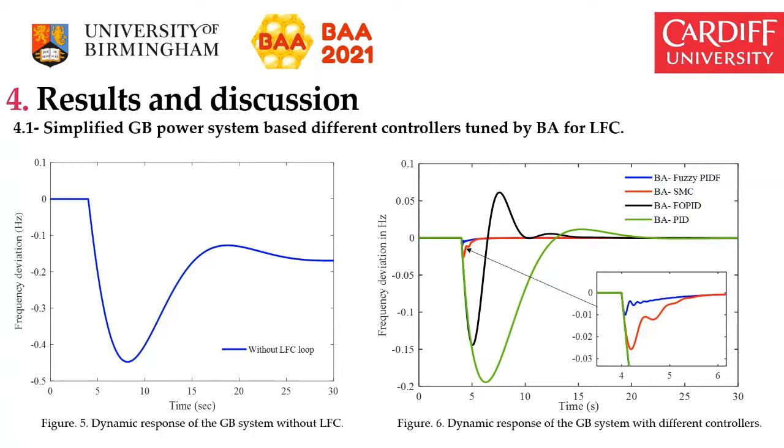However, after applying the proposed controllers, the drop in the frequency based on different controllers is shown in figure 6. It is obvious from figure 6 that the proposed fuzzy PID tuned by the BEAS algorithm has offered the best dynamic response. The sliding mode control has also provided an excellent response.